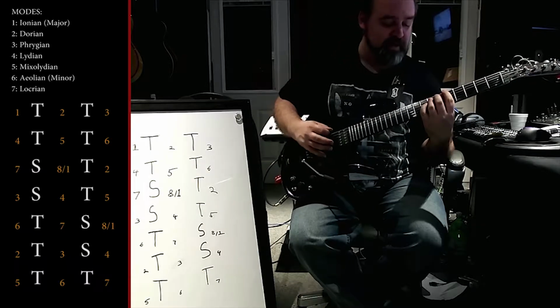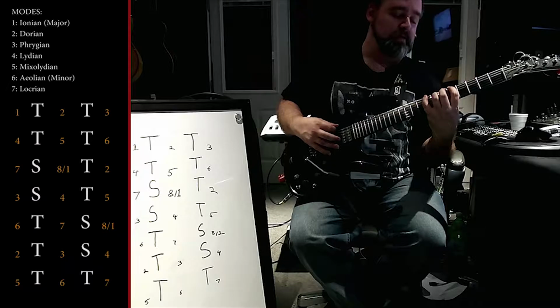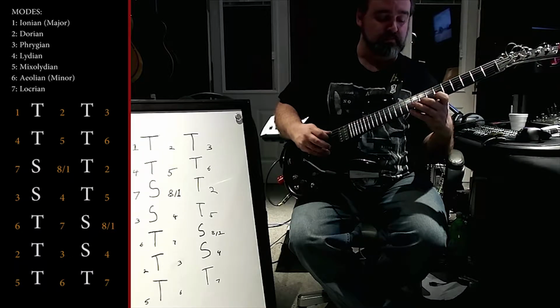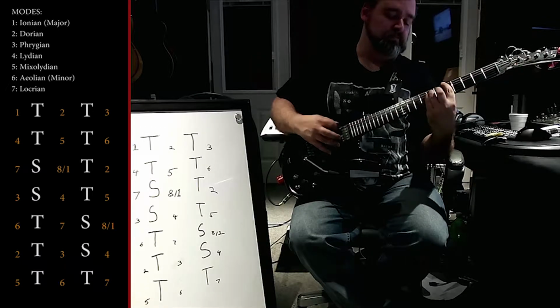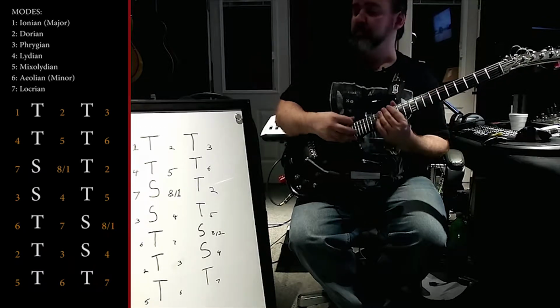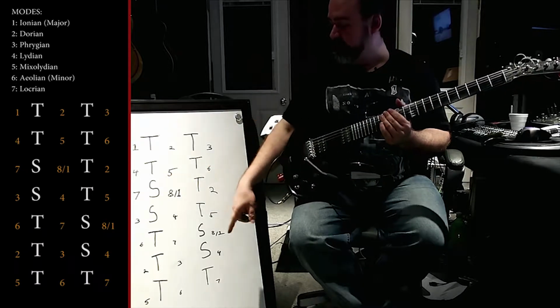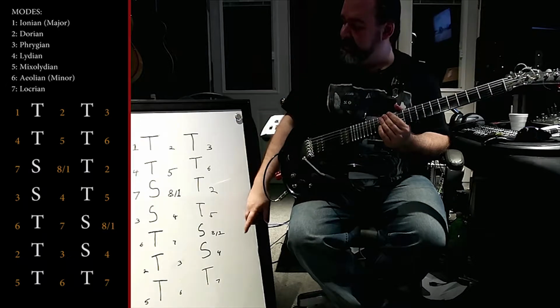Aeolian, starting from the 6th degree, is just tone, semitone, tone, semitone, tone, tone. So using this chart, you can play all of these lots of different ways. You can see where the 7s are. You don't necessarily even have to memorize it once you get to understand everything.